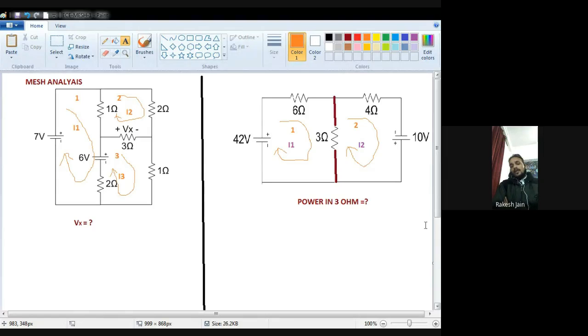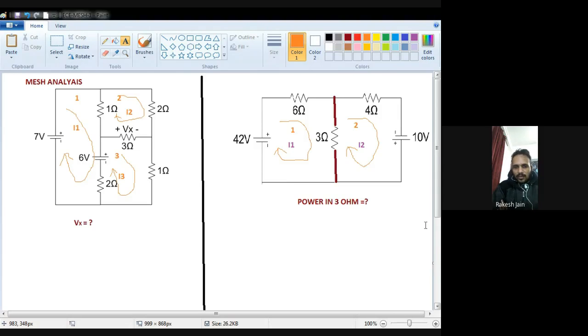Now how to write down the equation? Just begin your journey in any mesh, in the direction of the current. Because this is mesh analysis, we just write down only the voltage in the equation. If there is any resistance, just multiply that resistance with your mesh current, denote it with positive sign always, and it will behave as a voltage.